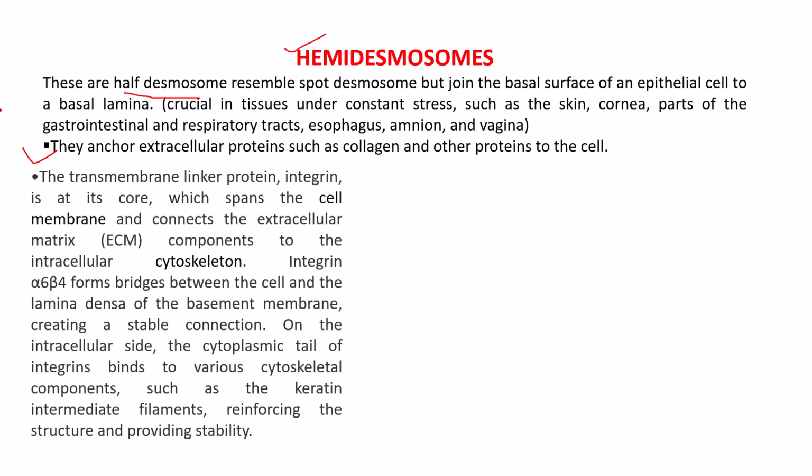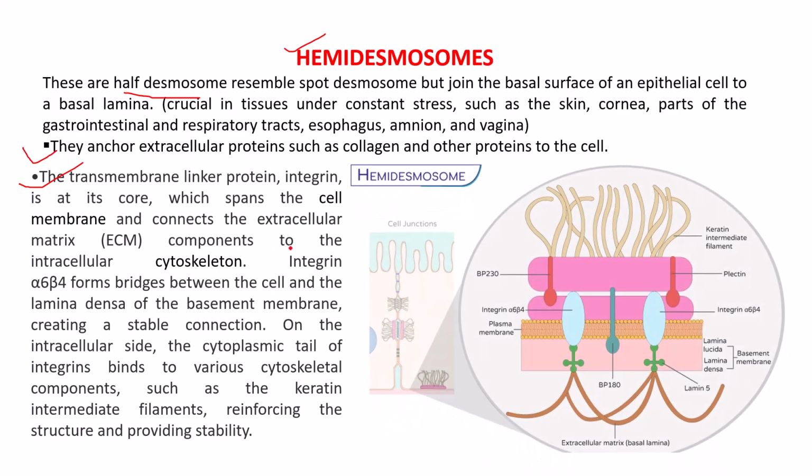proteins. The transmembrane linker protein integrin is at its core, which spans the cell membrane and connects the extracellular component to the intracellular cytoskeleton. In the structure, there is integrin alpha 6 beta 4, which forms a bridge between the two cells. This is the plasma membrane.